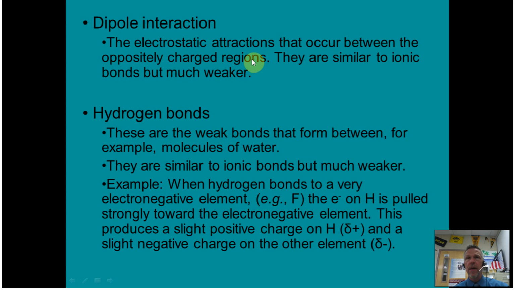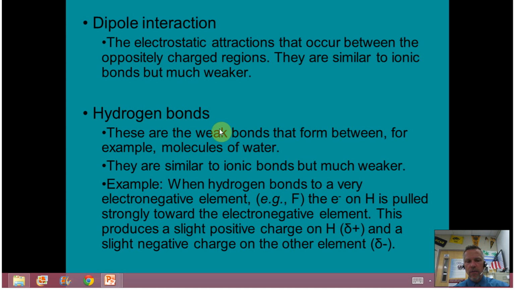If you think about that polar molecule again that we saw a couple slides back, where there was a small negative charge and a small positive charge on different ends of the water molecule, those positively charged regions can attract nearby negatively charged regions. So it's an electrostatic interaction, kind of like what you see with an ionic bond, but it's much weaker and it's between molecules, not within a formula unit or a molecule.